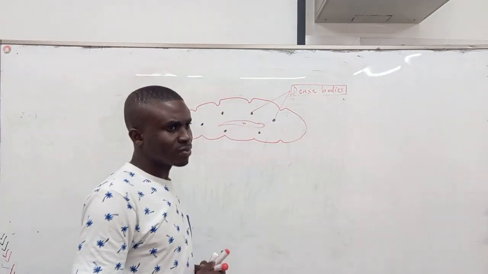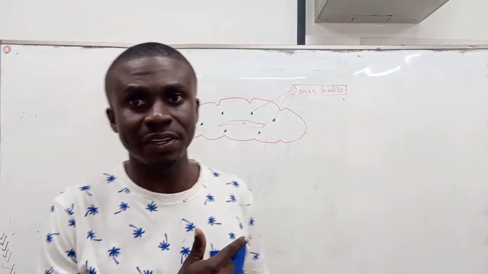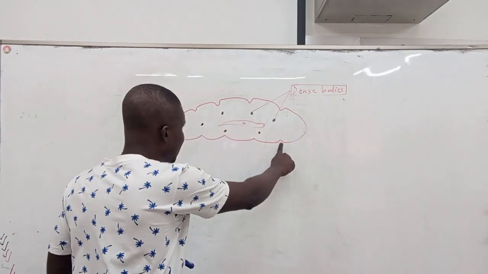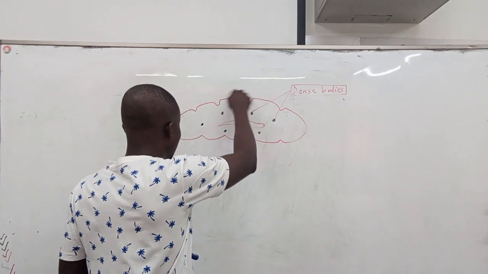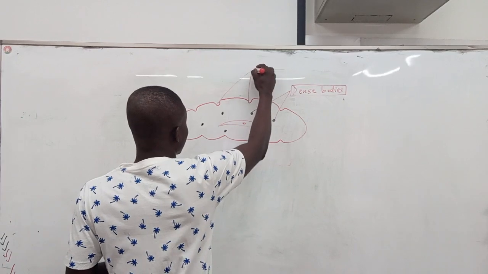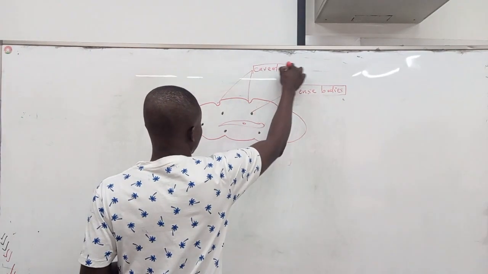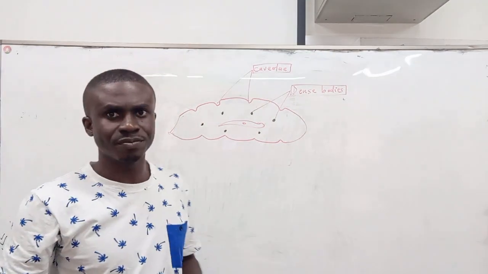Now, again, in the plasma membrane, we see some invaginations in here. Okay, all these guys over here, which we call caveoli.